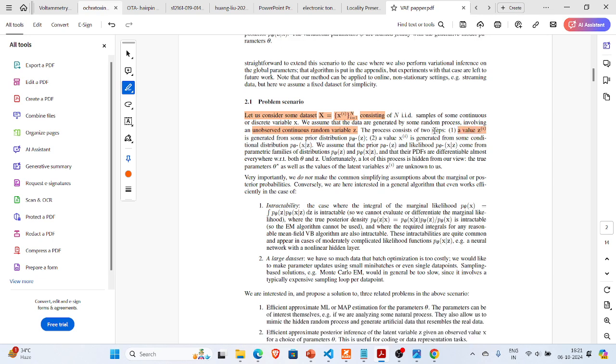This value z is generated from some prior distribution. We know some distribution of z, we have prior knowledge of it, maybe Gaussian, zero mean Gaussian. The value of x_i is generated from some conditional distribution p(x given z), theta being the parameter. For a given value of z we generate this distribution p(x given z). This prior is p(z), and the likelihood is represented like this.